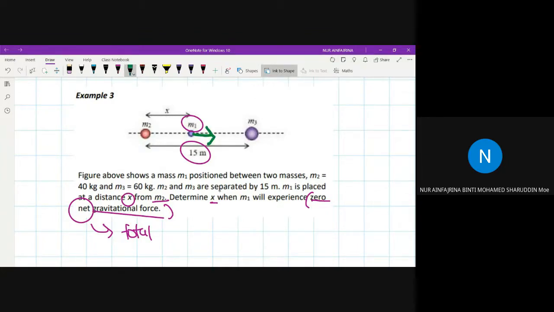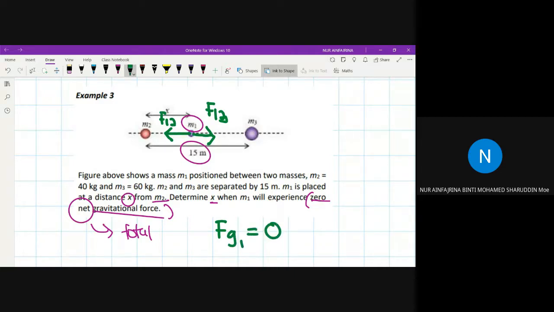Iaitu satu adalah by mass 1 on mass 3 and another one by mass 1 on mass 2. So kita ada dua, F13 and F12. And dekat mass 1, dia punya gravitational force is 0.